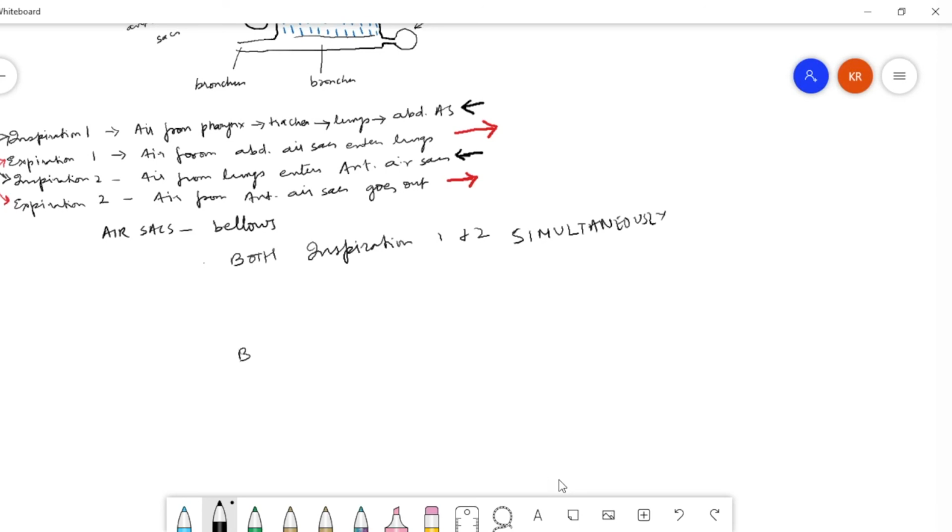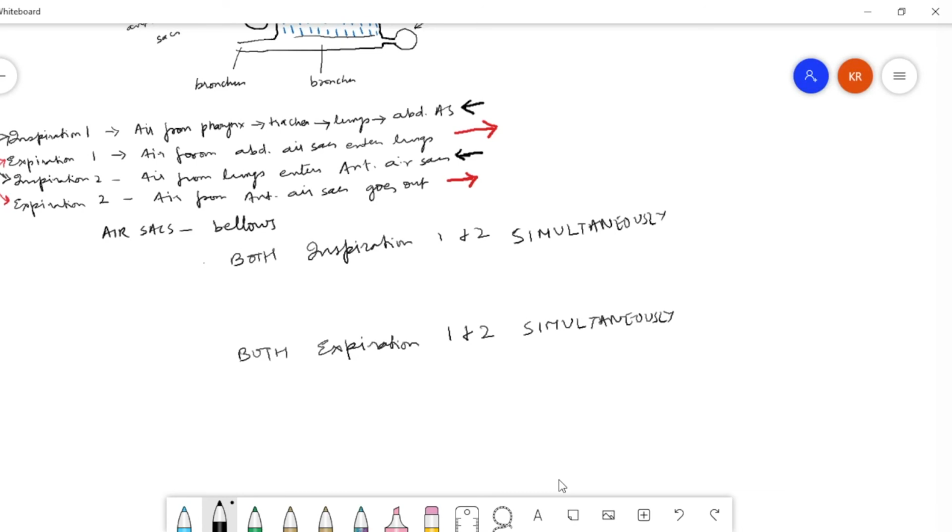Similarly, both expiration 1 and 2 occur simultaneously. What does it mean? Just try to read this. In inspiration 1, air from pharynx enters abdominal air sacs, and in inspiration 2, air from lungs enters anterior air sacs.